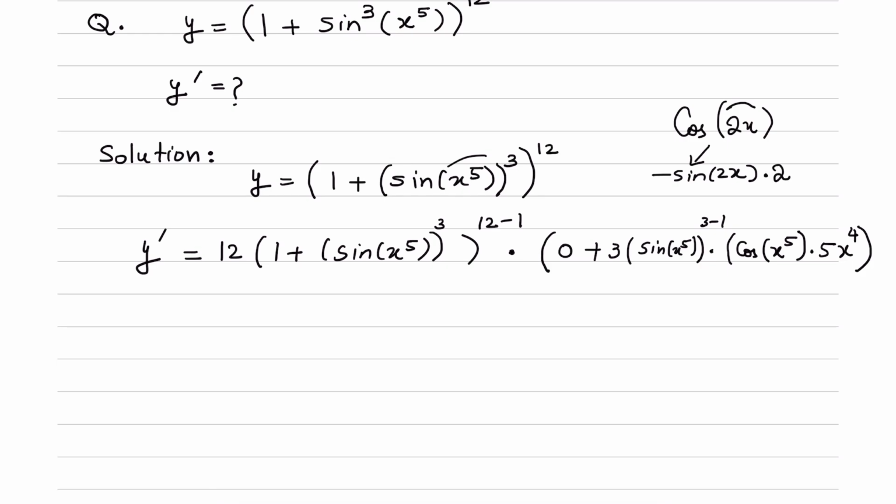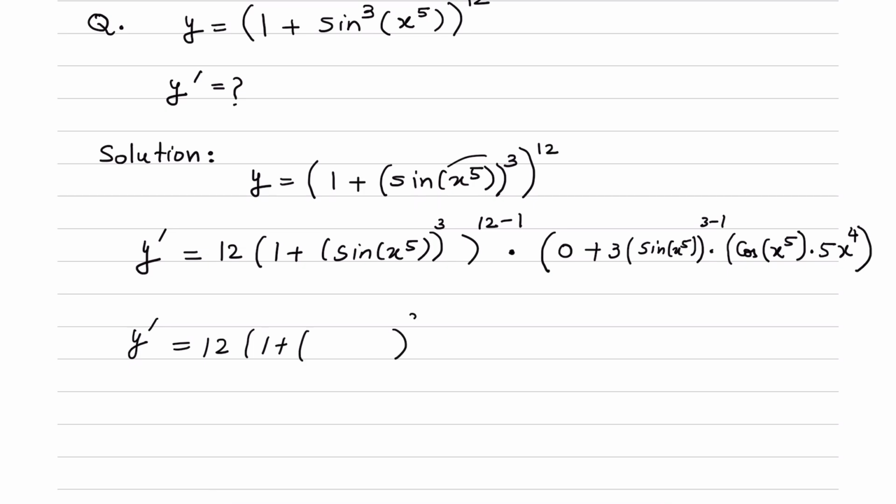So this is how you find the derivative of a trigonometric function. Now we have found the derivative, but we can simplify this expression. We will write 12 times (1 plus sine cubed of x to power 5) whole power 11.